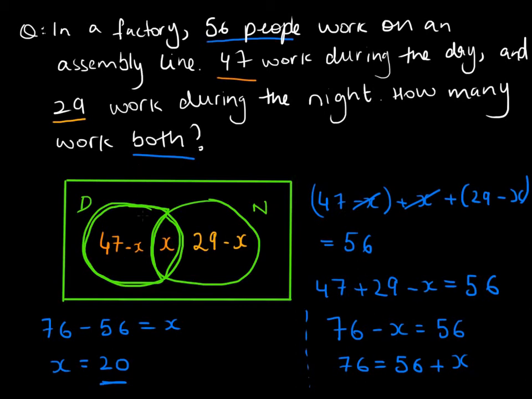So that meant that we had to convert the number of workers who work just during the day from 47 to 47 minus x using the unknown variable, and same for the night. And then we were able to equate them together to get a value of x, the unknown variable that we were searching for. I hope this was clear, and let's move on to the next question.